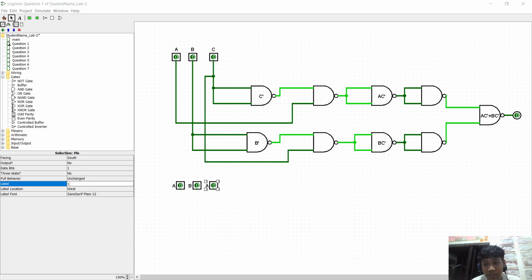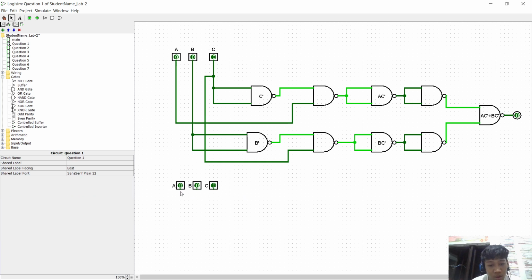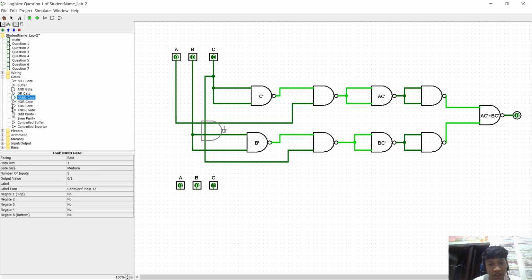Since question number one from the video lecture is an SOP function, implement the circuit using NAND gates. So in here we will be only using NAND gates, and then we will have to add some NAND gates.